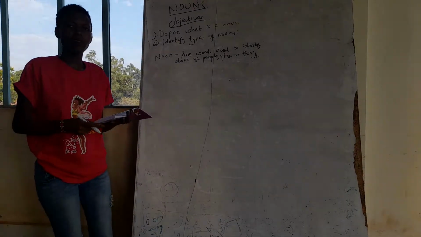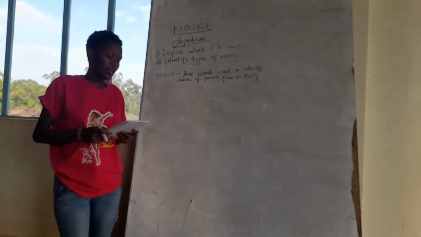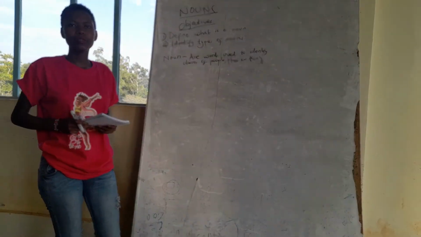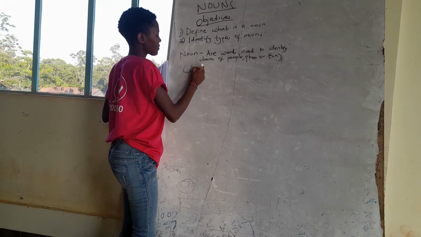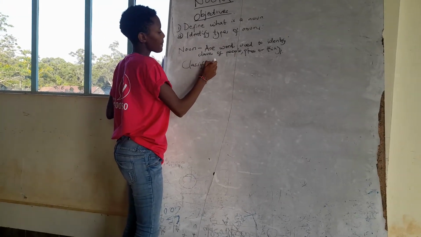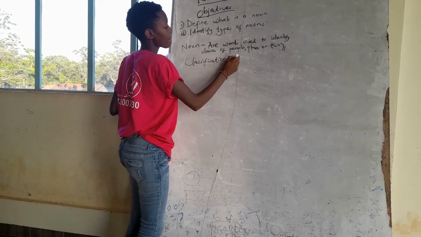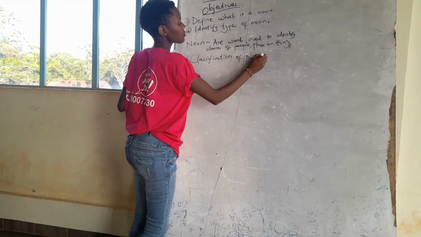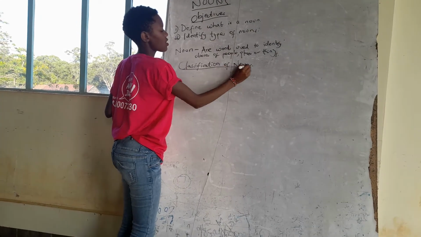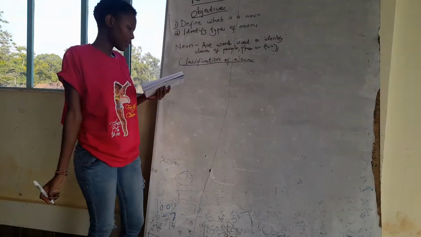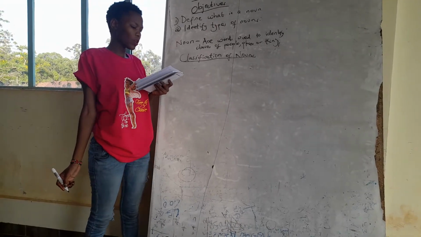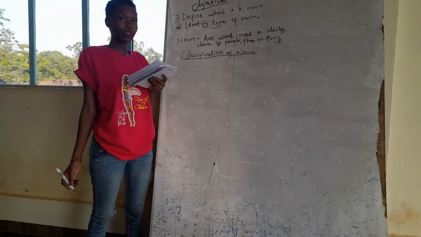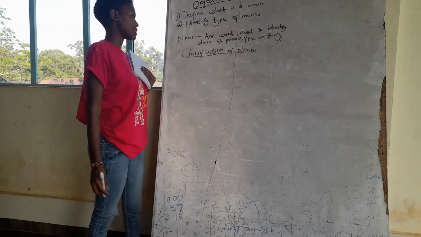So you should be able to understand what a noun is. We are going to head to the classification of nouns. Nouns are classified into 5 classes: proper nouns, common nouns, abstract nouns, collective nouns, and compound nouns.